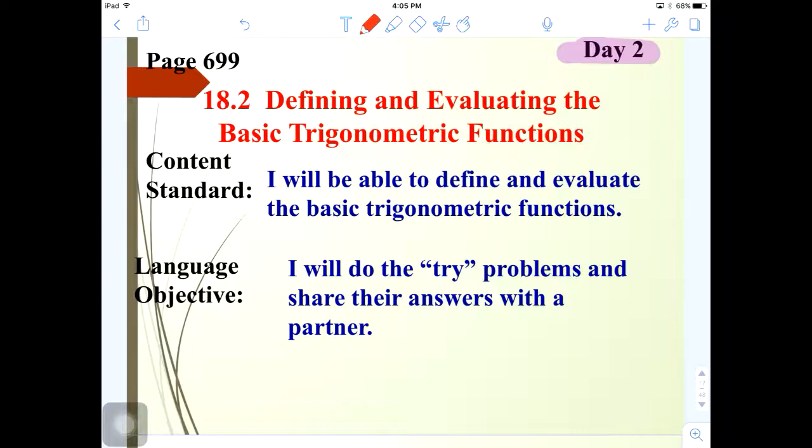It won't affect the values, but it affects the signs. So today we're going to expand that idea by finding the exact values of sine, cosine, and tangent, and we're going to be able to define and evaluate basic trigonometric functions.